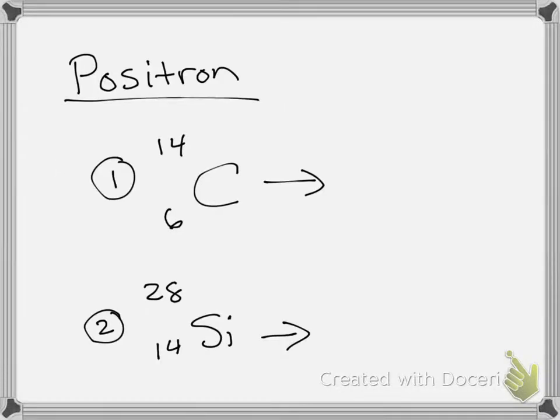Now let's practice. Go ahead and pause the video and finish these two equations below for positron emission. All right, have you finished? For positron emission, we will show e 0 plus 1. This means positron. Now, what's the new atom? This number will remain unchanged, and this number will decrease by 1.